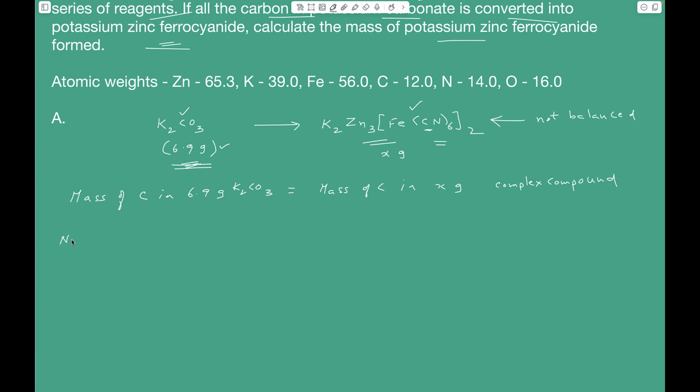So the number of carbon atoms in 6.9 grams of potassium carbonate must be equal to the number of carbon atoms in x grams of this complex compound. Now, how do we get the number of carbon atoms in 6.9 grams of potassium carbonate?